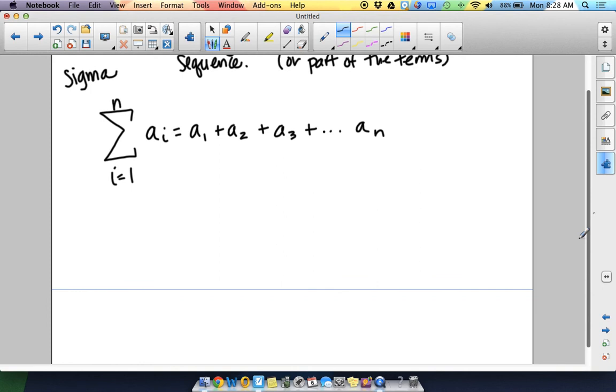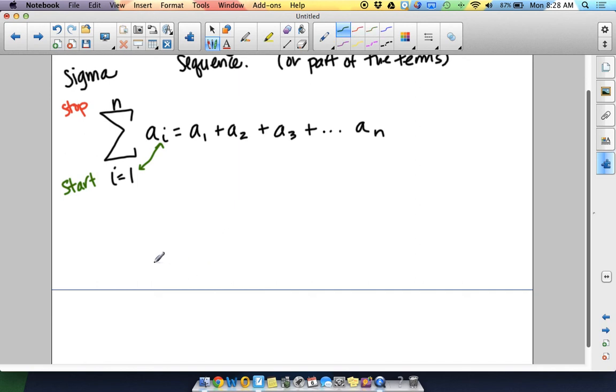It could do the 6th term through the 9th term. But what you're looking at right here is that this I and these I are related. So if it says that I is 1, then that means that you're starting with a sub 1. So maybe put a little label: this is stop, and this is where you start. Look at me, red and green. Isn't that cute?